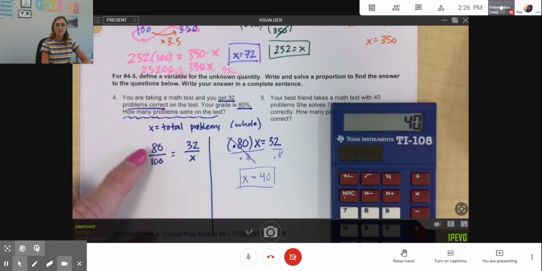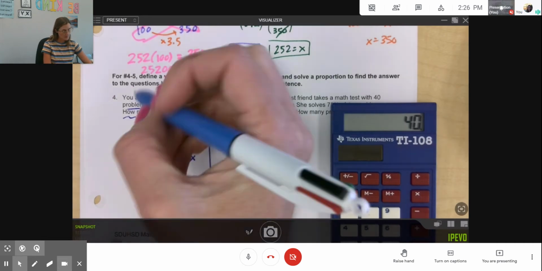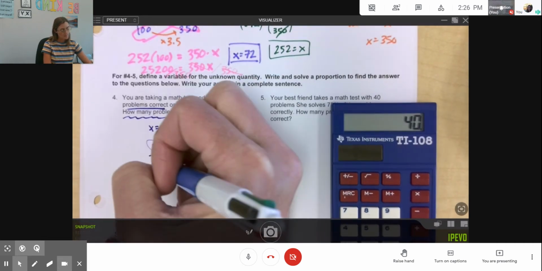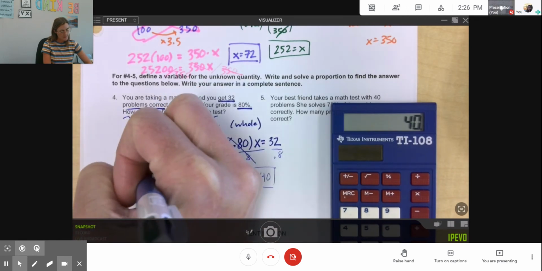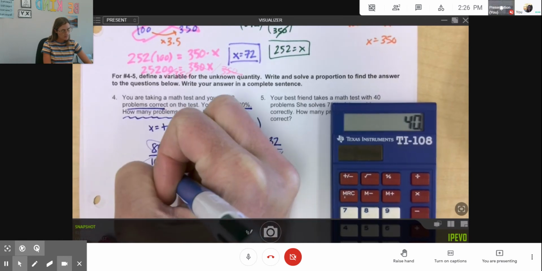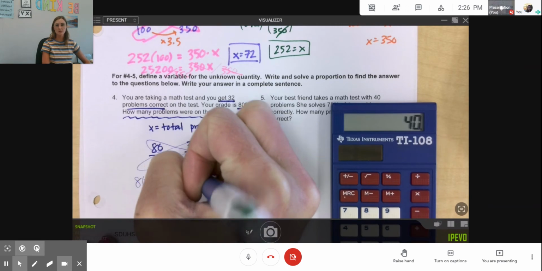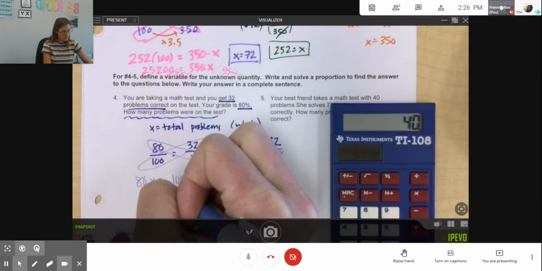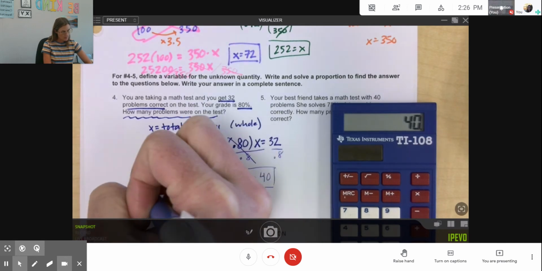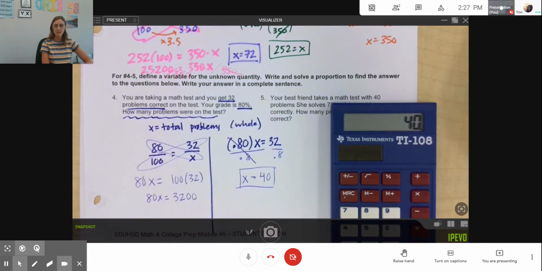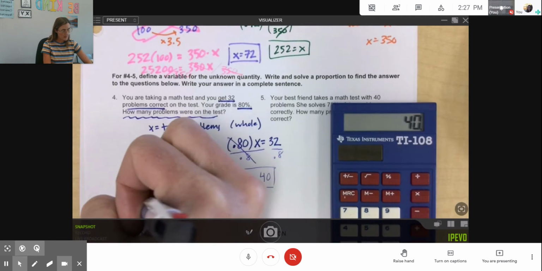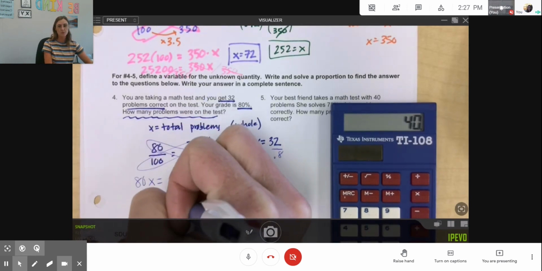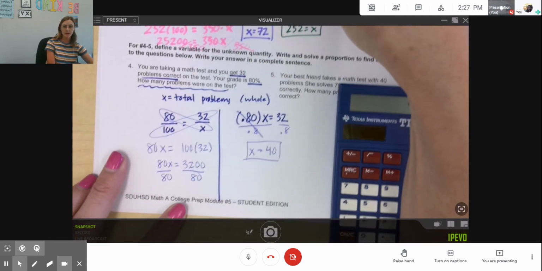On this one, we could cross multiply. So that would be 80 times x, or 80x, equals 100 times 32. 100 times 32 is 3,200, and then we still have 80 times x. I want to isolate x, so I'm going to divide by 80 on both sides.